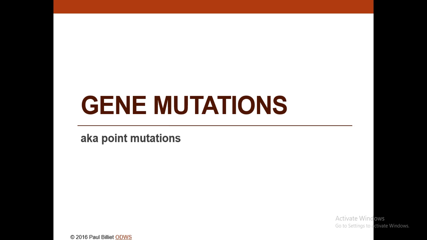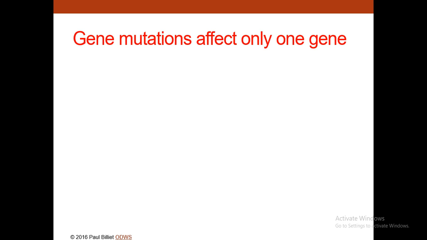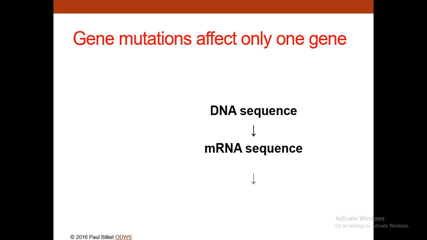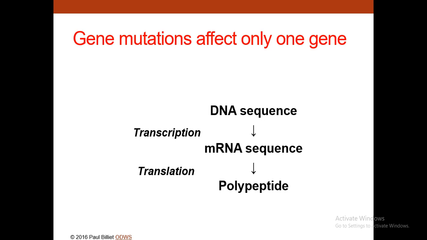When you say point mutation, the mutation only happens in one gene, or one specific DNA sequence. For example, you have your DNA sequence, and by virtue of the central dogma, you convert it into an mRNA sequence in order to create a polypeptide, which in turn will create the proteins. The processes involved are transcription and translation.